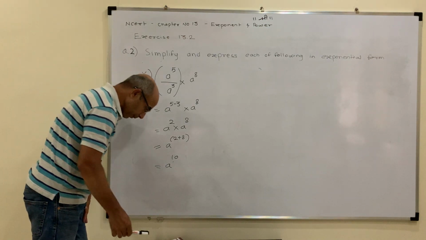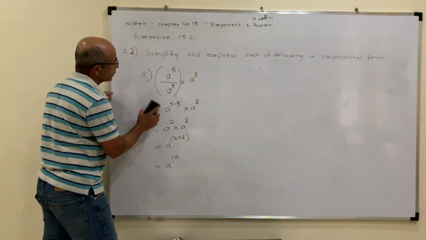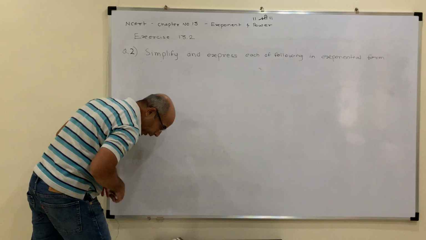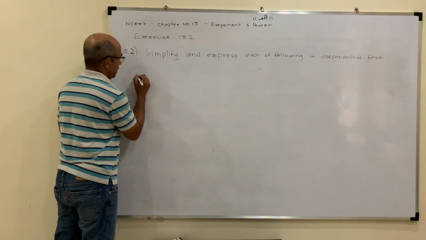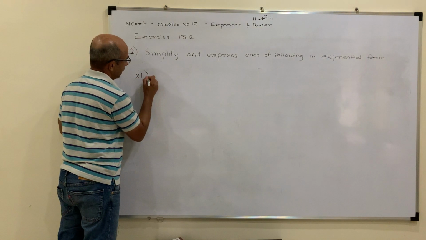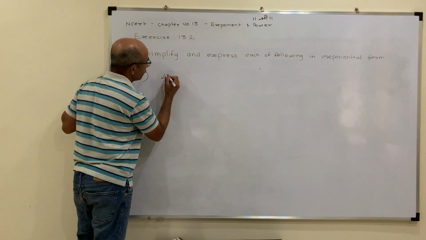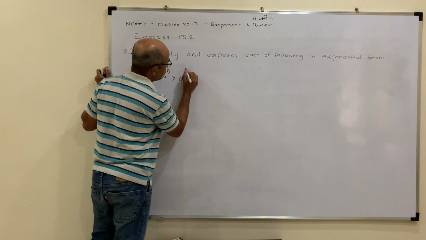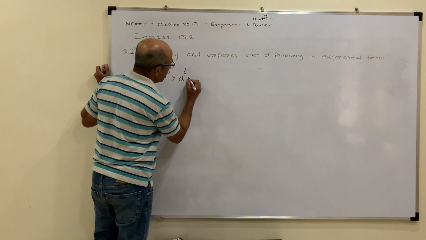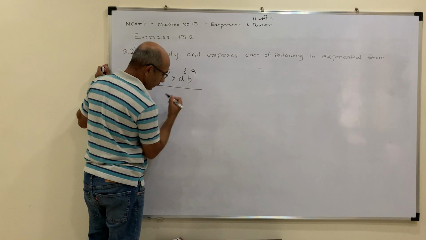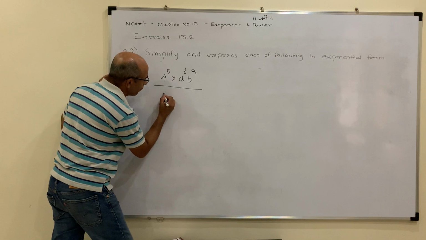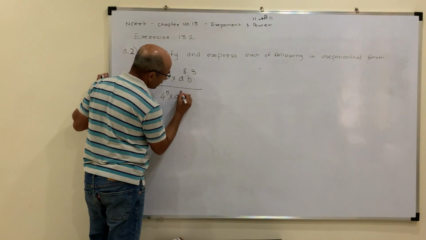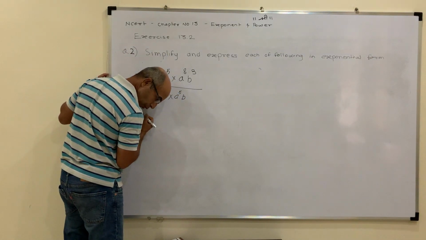Now move on to problem number 11. 4 raised to 5 into a raised to 8 into b raised to 3, divided by 4 raised to 5 into a raised to 5 into b raised to 2.